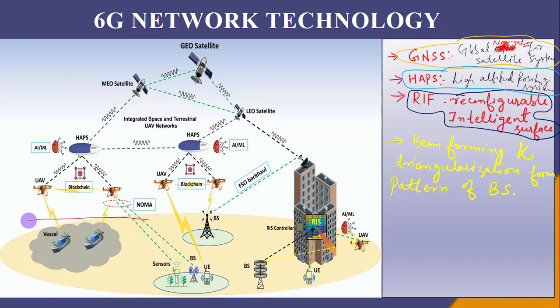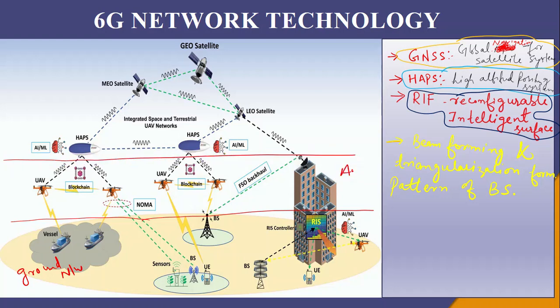First, below this line, the network is the ground network, between these two lines is the air network, and the upper one is the space network. One by one we will discuss them. First of all, the ground network.